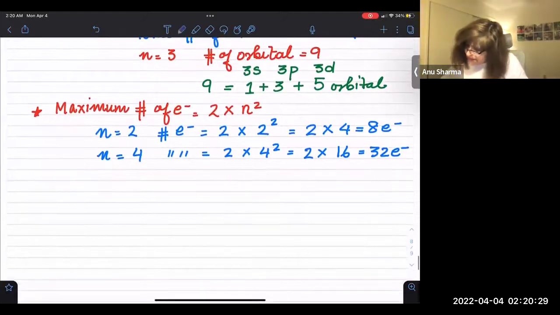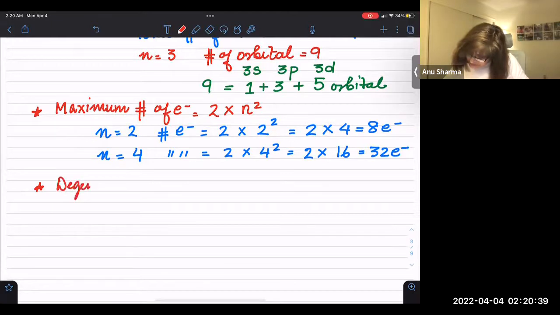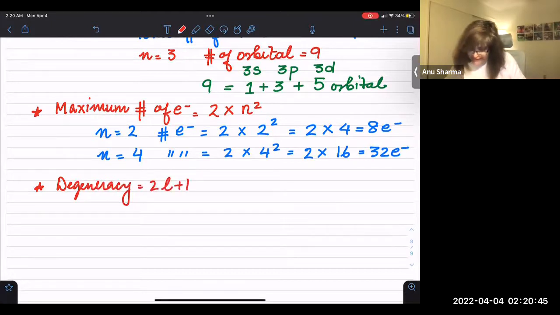The other one is the degeneracy rule. Degeneracy is when the orbitals have the same energy levels, or same energy. So degeneracy is equal to 2L plus 1.